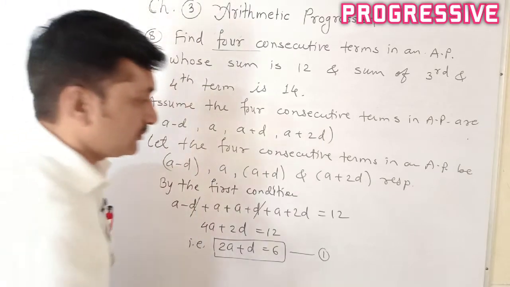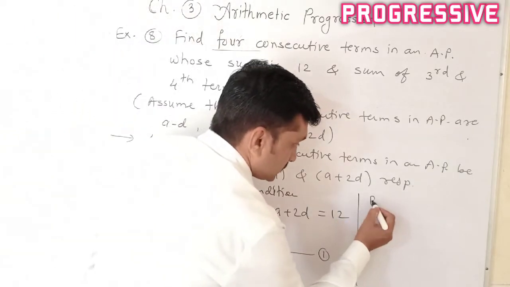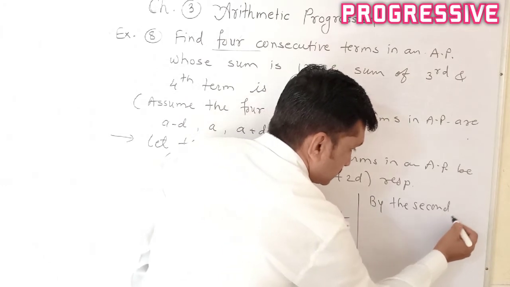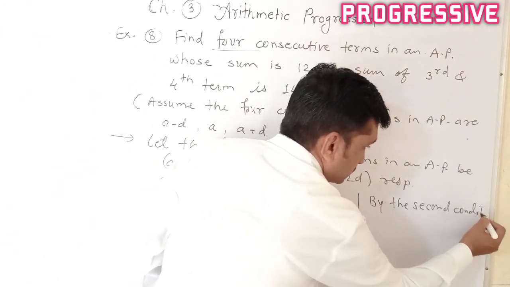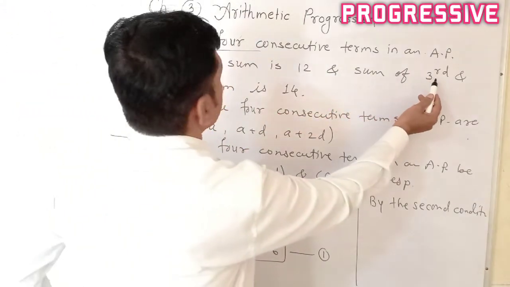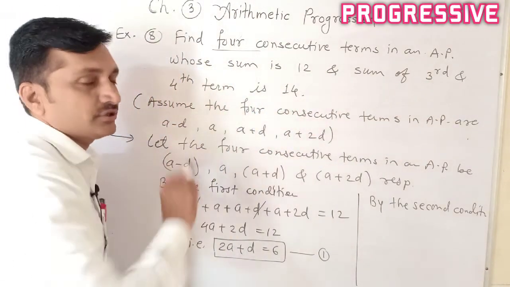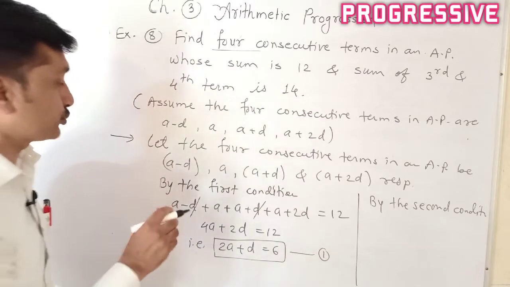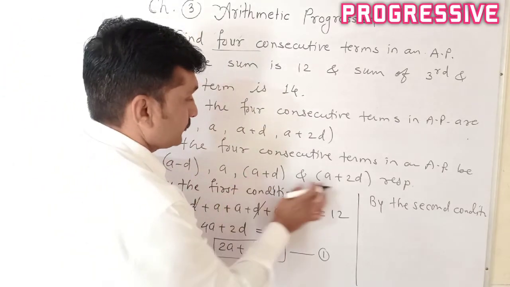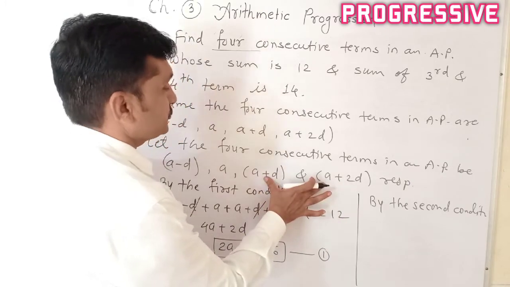The second condition is also given. By the second condition, the sum of third and fourth is 14. Third and fourth, their sum is 14.